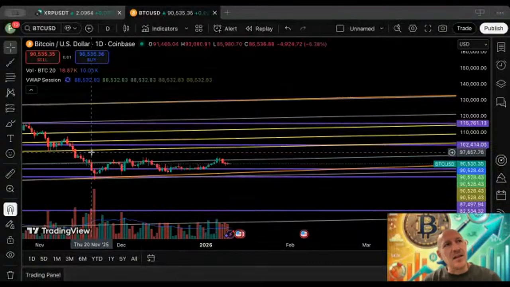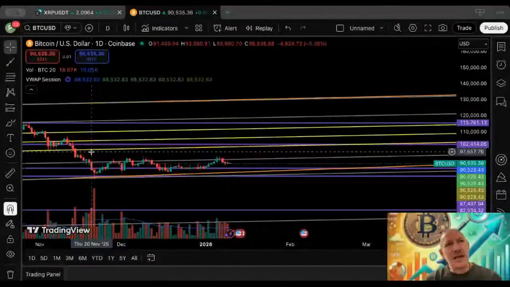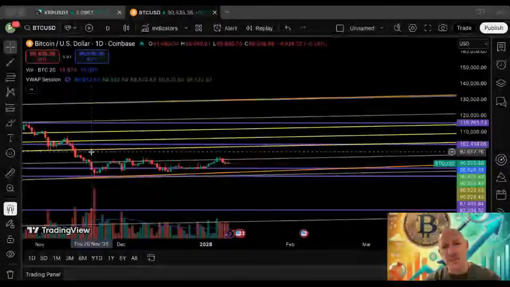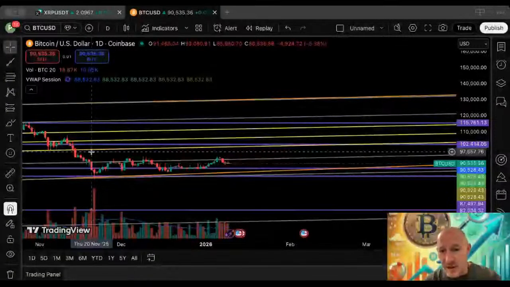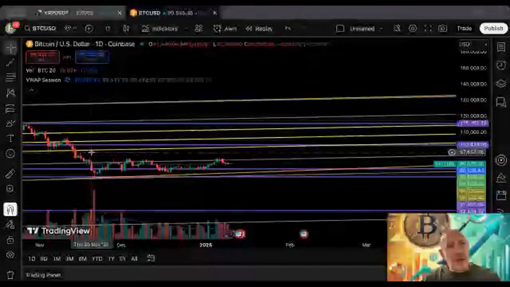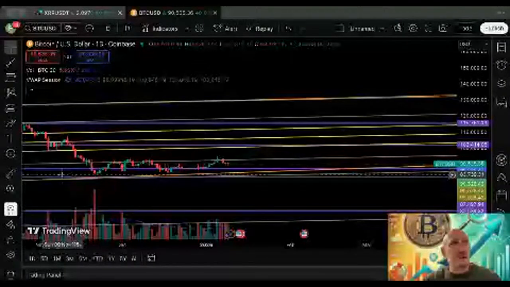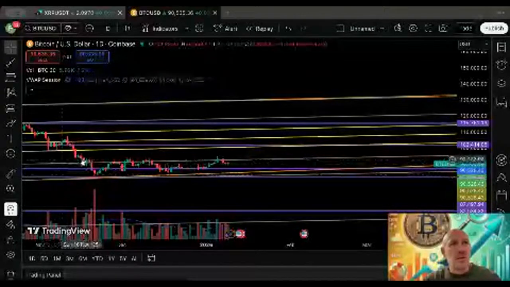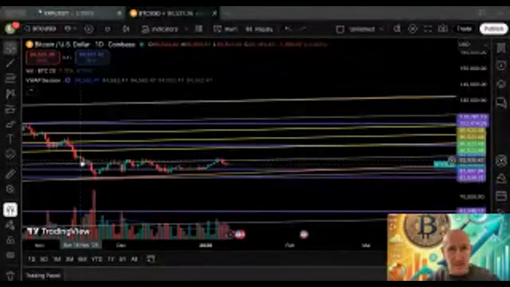The chop is what they call it. No clear direction. And you can make money during the chop, but usually what happens during the chop is people just get chopped up. That's why they call it the chop. So if you don't know what you're doing, wait for this support level to get broken, or for this resistance level to hold.